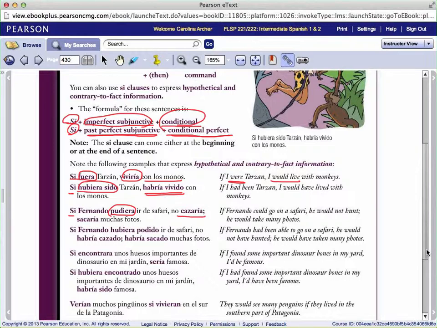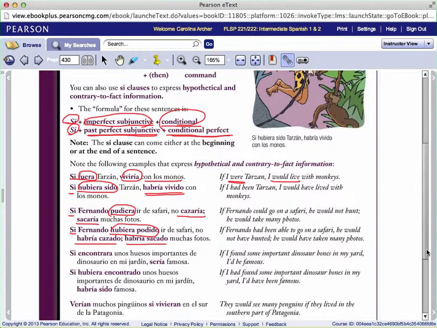Now we can say if he had been able to, si Fernando hubiera podido ir, if he could have gone, no habría cazado, habría sacado muchas fotos. The conditional perfect. A ver otro.